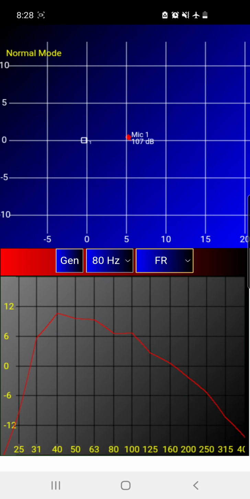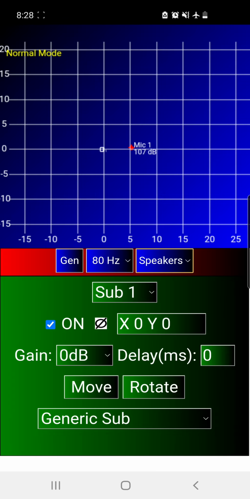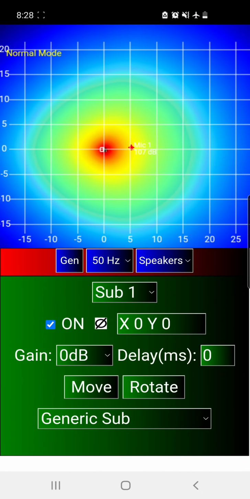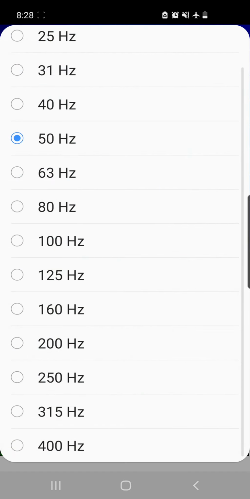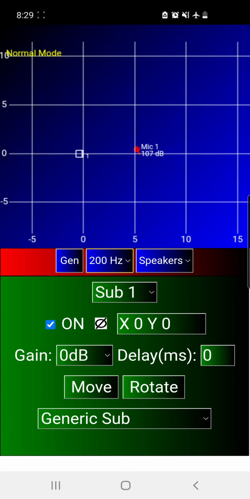Also, I forgot to mention, the polar pattern will be some kind of omnidirectional at very low frequencies, but at mid frequencies it is very different.